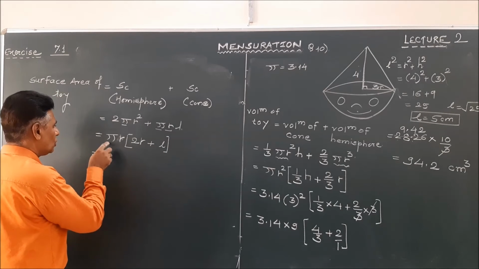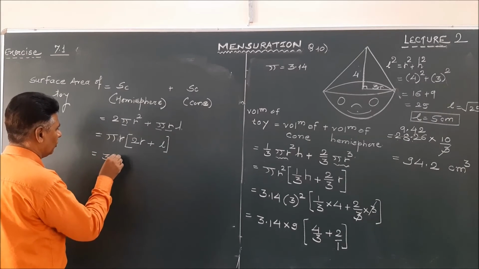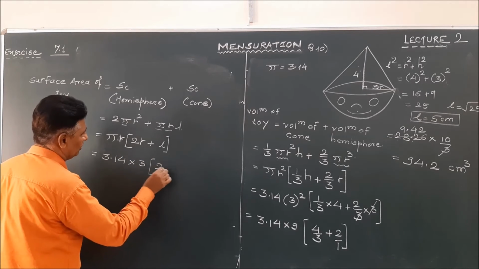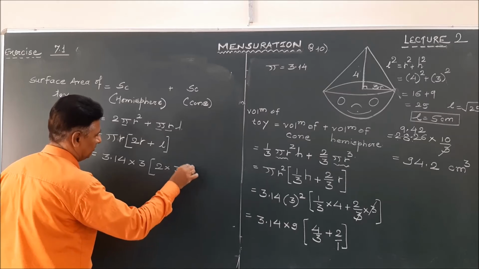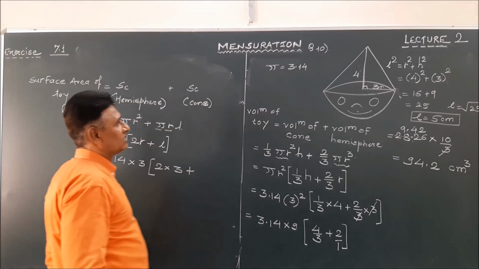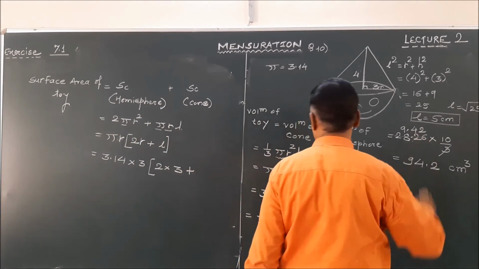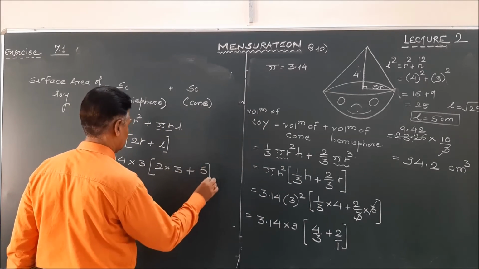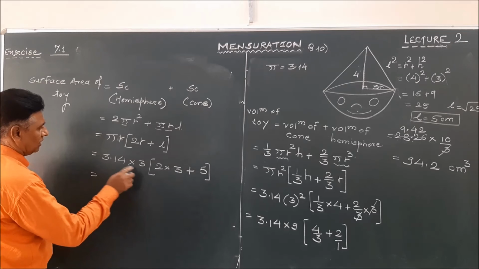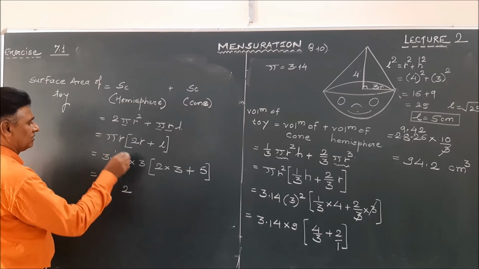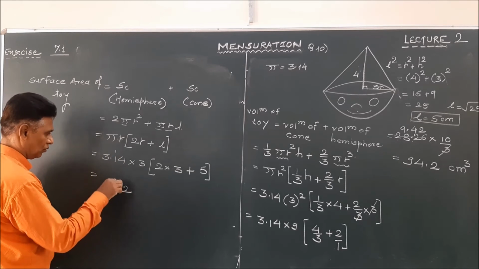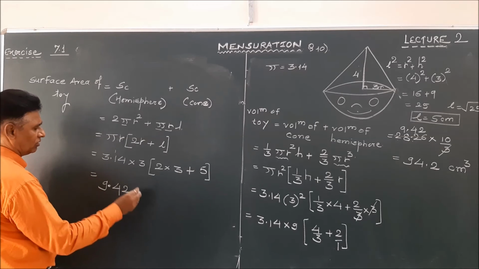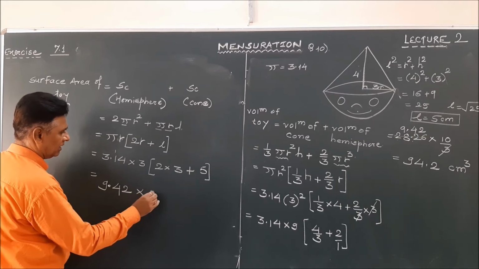So pi is 3.14. Radius is 3. 2 into 3 plus slant height, I've got it as 5. 4 3s are 12, carry on. 3 1s are 3 plus 1 is 4. 3 3s are 9. So 9.42, the product of these two, multiplied by 11.